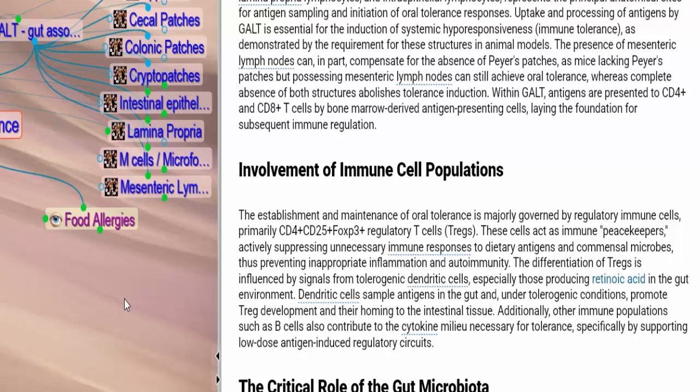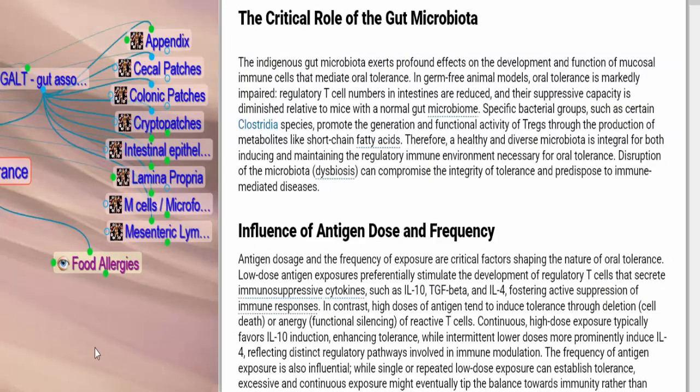Additionally, other immune populations, like our B cells, also contribute to the cytokine milieu necessary for tolerance, specifically by supporting low-dose antigen-induced regulatory circuits. And of course, our gut microbiota exerts profound effects on the development and function of mucosal immune cells that mediate oral tolerance.